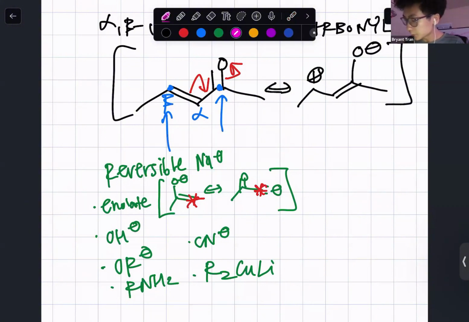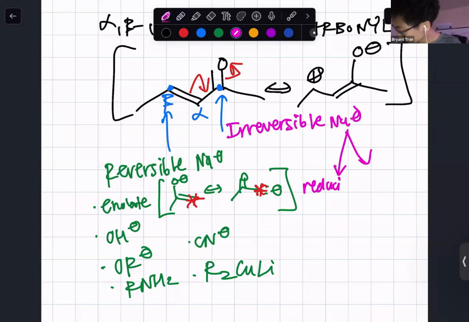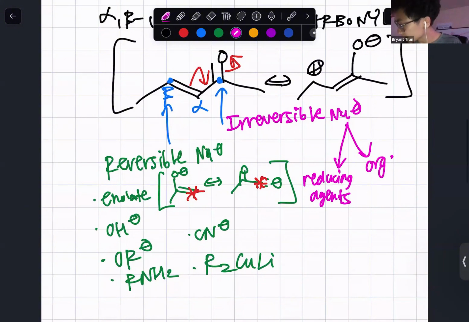The irreversible nucleophiles that would attack the carbonyl carbon are going to be two things. They're going to be the reducing agents, and they're going to be the organometallic reagents.